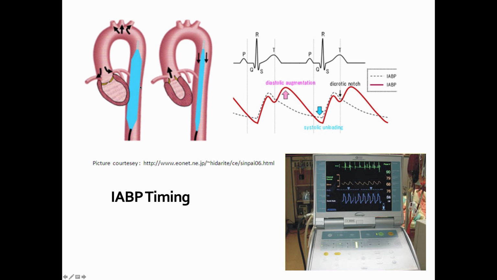So the balloon pump goes in. We inflate the balloon when the aortic pressure begins to come down at the dicrotic notch. Then it's inflated for a fraction of a second and then the pressure is released in the balloon, and the diastolic pressure goes way down.